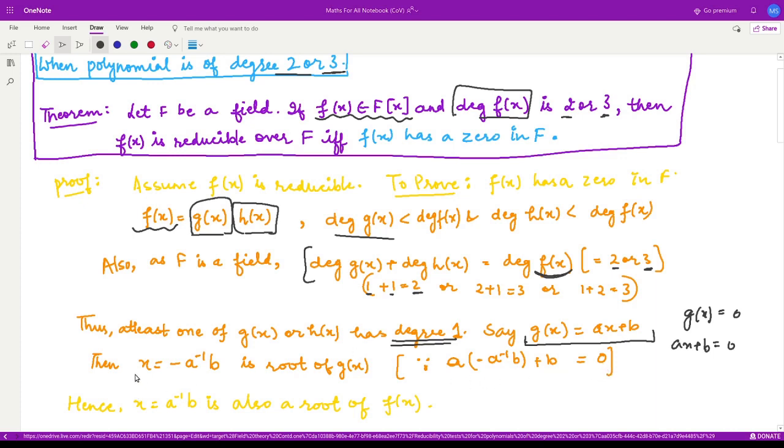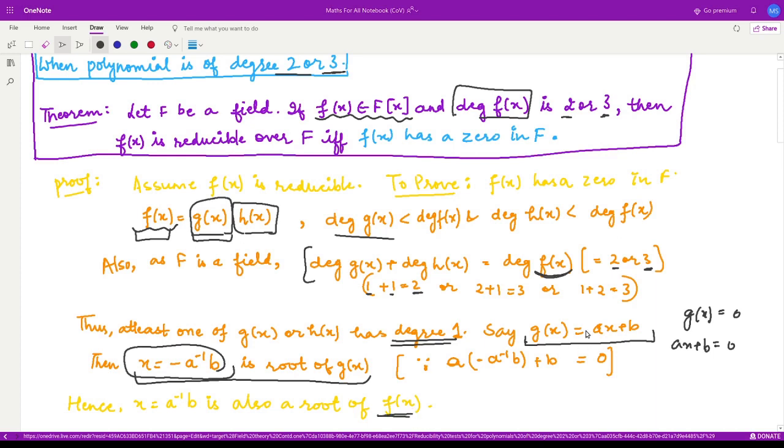So this is the root of g(x). If you found one root of g(x), that means when you put that value into f(x), this term would be 0, so ultimately this would also be 0. So we can say that this value of x is also a root of f(x) in F.